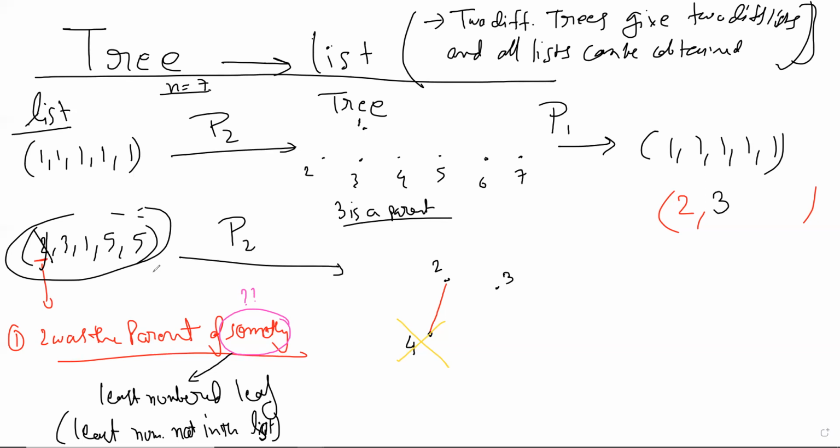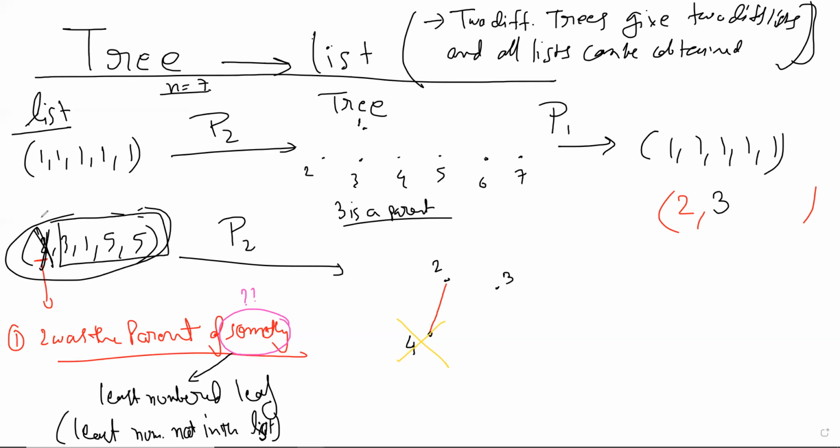Algorithmically, you just remove this and then you ask for the least number that is not in this list, apart from what you have already removed, like 4. I've removed 4. The 4 doesn't exist anymore.